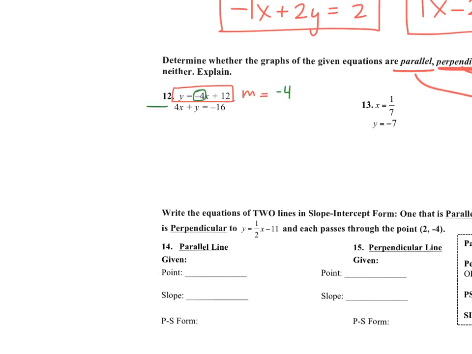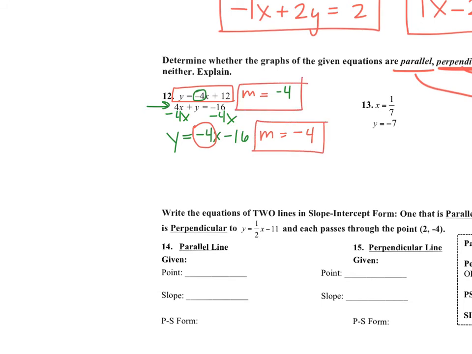Okay. This one is not yet, but if we just take away a 4x from both sides, then it will be. So y equals negative 4x minus 16. Now you can see my slope is negative 4. So look at your two slopes. Are those parallel, perpendicular, or neither?